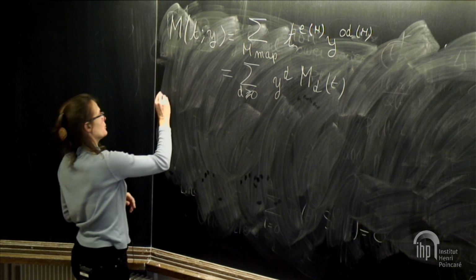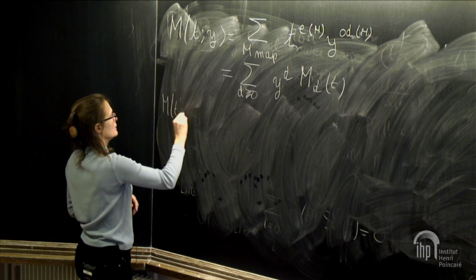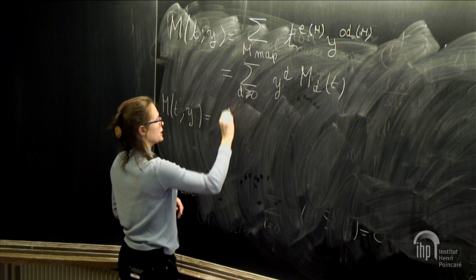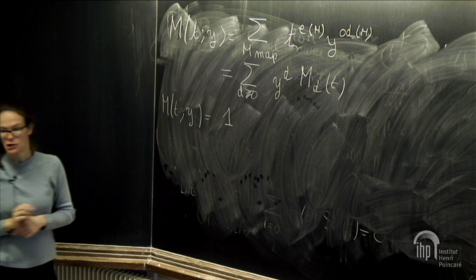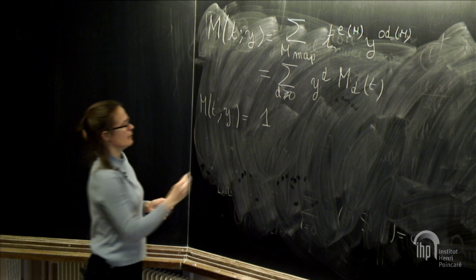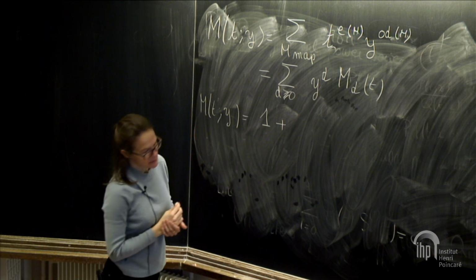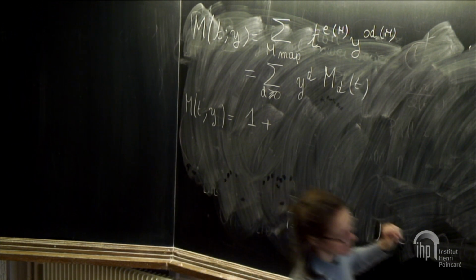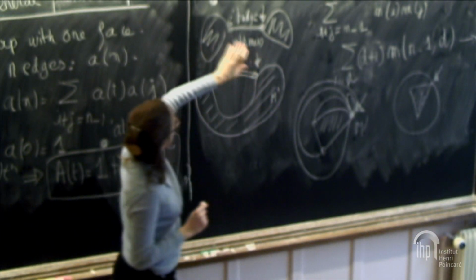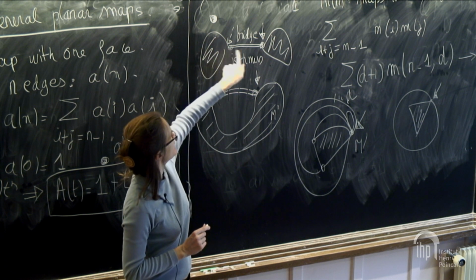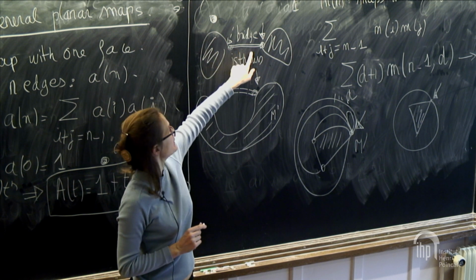Okay, so now we are ready to start again. There is this simple atomic map which has no edge and outer degree 0 by convention. Then comes the bridge case, where I take these two maps on both sides. The edge number is essentially additive, except that I should also count this edge.